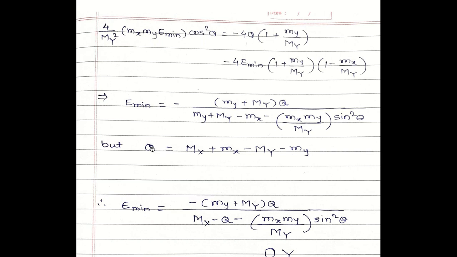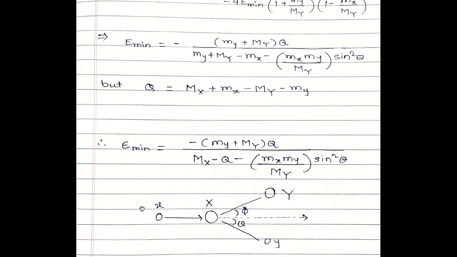We have said that the Q value could also be expressed in terms of rest masses of reactants and rest masses of products. So we can write small m y plus capital M y minus small m x as equal to m x minus Q. So we can rewrite this equation as E minimum equals this much.